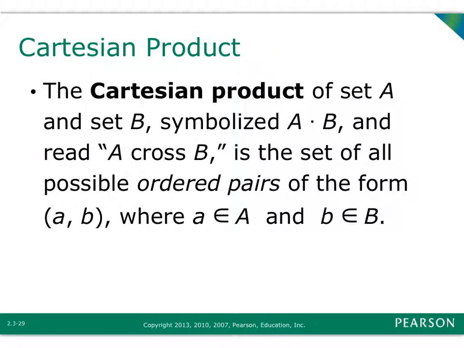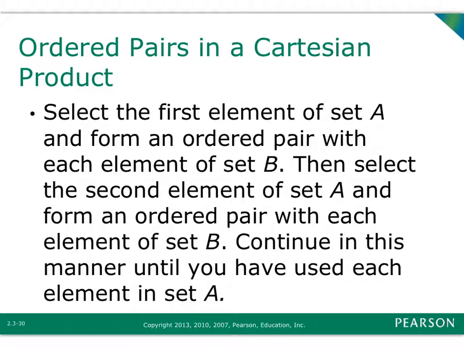The Cartesian product is usually not used very often. The Cartesian product of set A and set B, symbolized A times B and read A cross B, is the set of all possible ordered pairs of the form A comma B, where A is an element of A and B is an element of B. So we consider ordered pairs when we're looking at two sets in the Cartesian product.